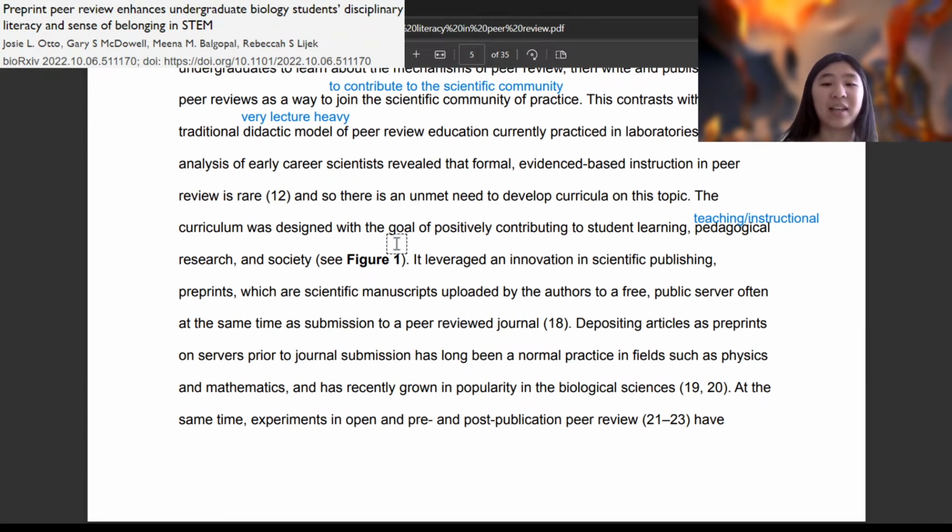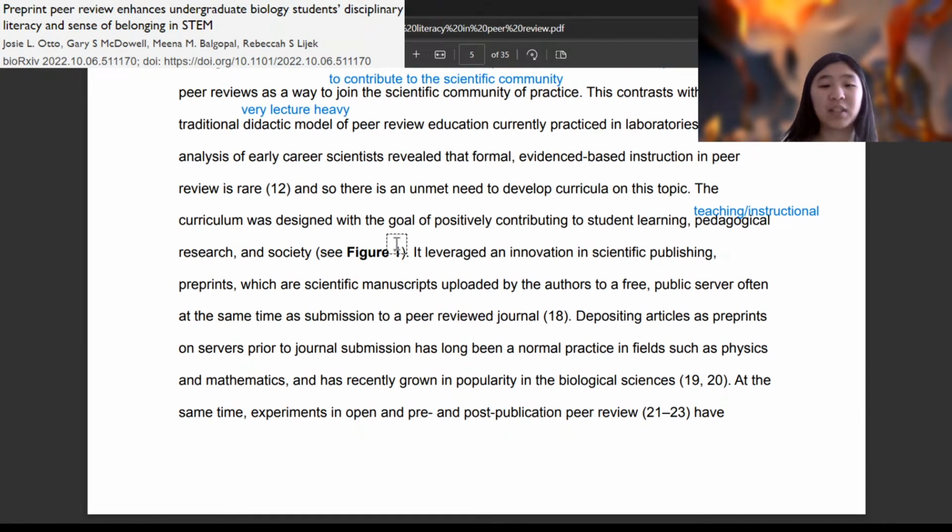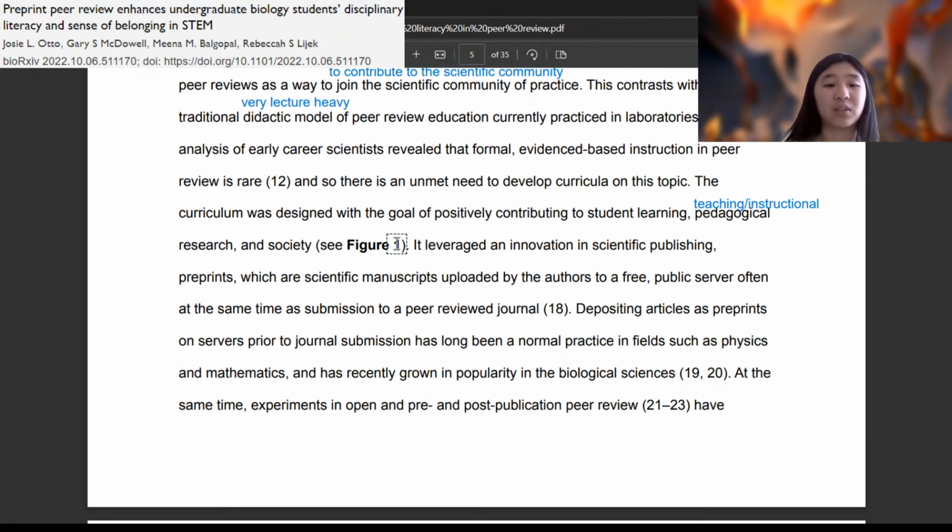It leveraged an innovation in scientific publishing: preprints, which are scientific manuscripts uploaded by the authors to a free public server, often at the same time as submission to a peer-reviewed journal.